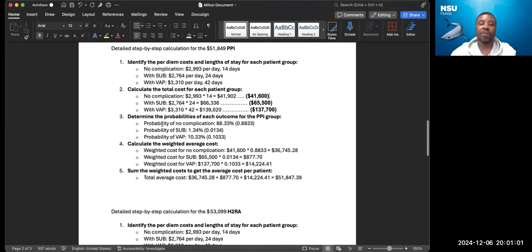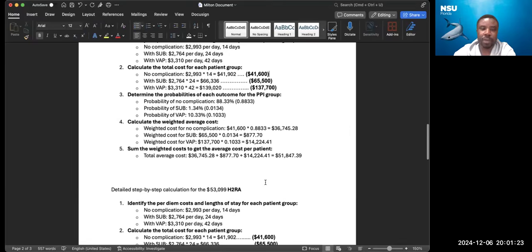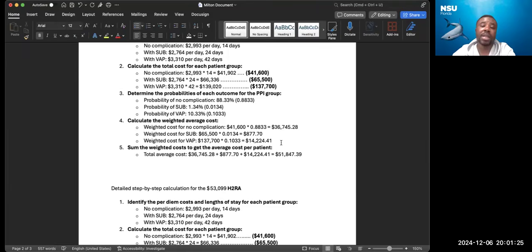So the probabilities, for example, the probability of no complication was 88.3%. I divided that by 100 and I had 0.883. The probability for stress ulcer bleeding was 1.34, and I divided by 100 and I had this. Probability for the VAP was this, and I divided and I have this. So in order to calculate the total weighted cost, you have to multiply the cost by the probabilities.